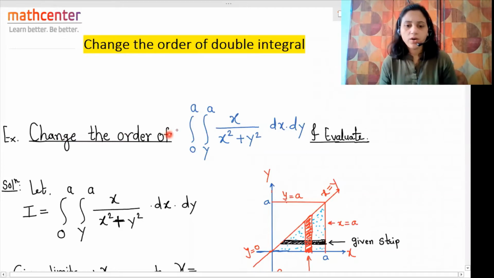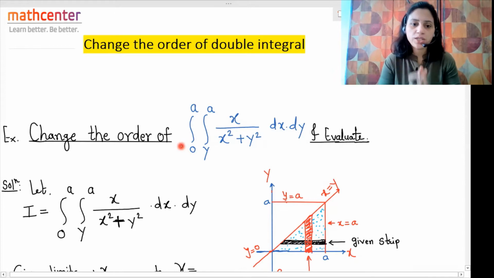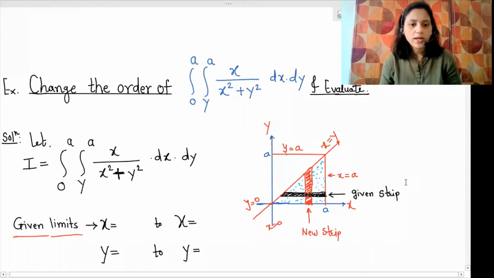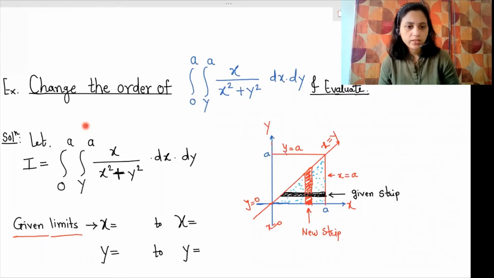Now we move towards the example. Change the order of integration of the integral from 0 to a, integration from y to a, x upon x square plus y square dx dy, and evaluate. So in this question, we need to change the order of the given example as well as evaluate it. As we have studied, the limits of the inner integral play a very important role when you are identifying the order of the double integration, right?